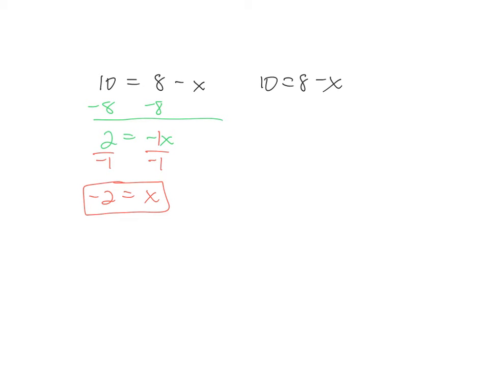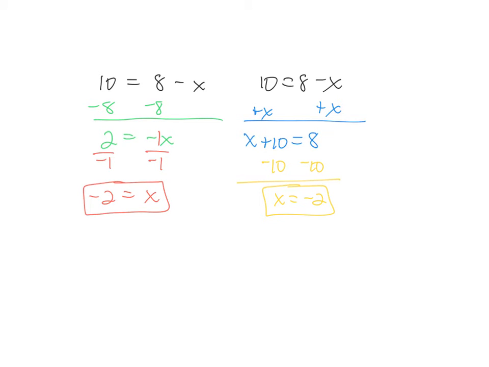Version 2 is maybe you don't like the x on the right side and you want to move it to the left side. Now it's kind of different because I can't combine the x and the 10, so I just write it out. And then I can subtract the 10 over to get negative 2.